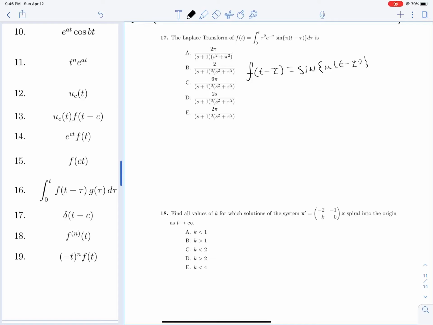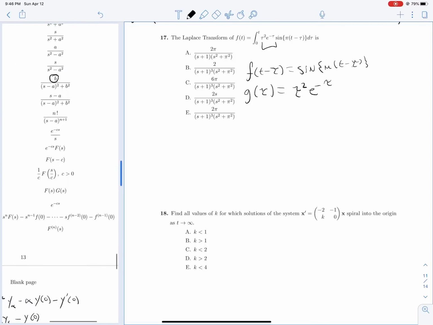And then multiply by some function g of tau. Well, our g of tau is just anything up here that's left over. So tau squared e to the negative tau.